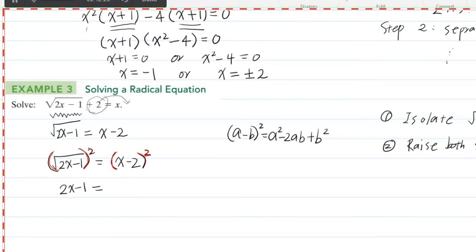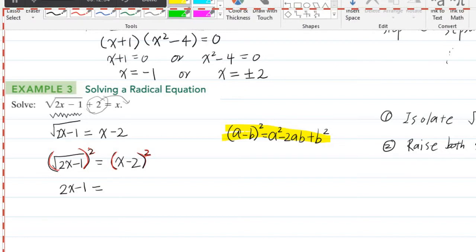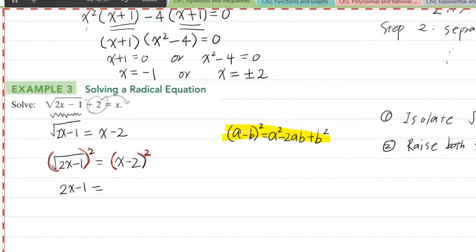If you don't want to use this formula, you can always use your FOIL method. Whichever you feel comfortable with, but I find this much faster. So let's go ahead and do this. My a is x. Now give me x squared minus 4x plus 4.